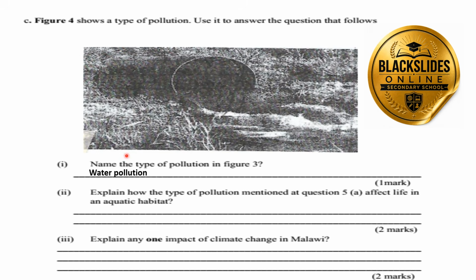It will lead to water pollution. Explain how the type of pollution mentioned here affects life in the aquatic habitat. Aquatic habitat is a water habitat.